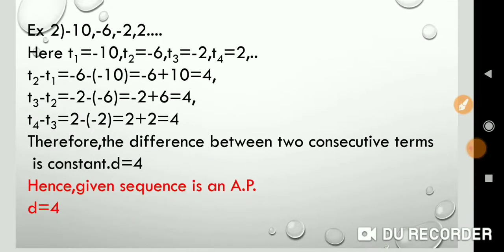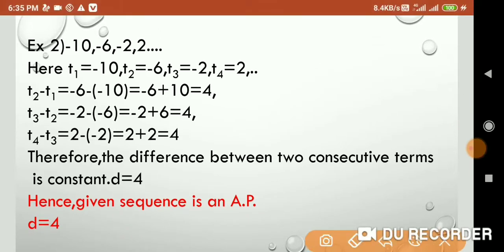Now see student, the second example. In the second example the sequence is minus 10, minus 6, minus 2 and plus 2. Now here we can first write down the values of T1, T2, T3 and T4. T1 is equal to minus 10, T2 is equal to minus 6, T3 is equal to minus 2 and T4 is equal to plus 2. Now we have to first find out the difference between two consecutive terms. Firstly T2 minus T1.